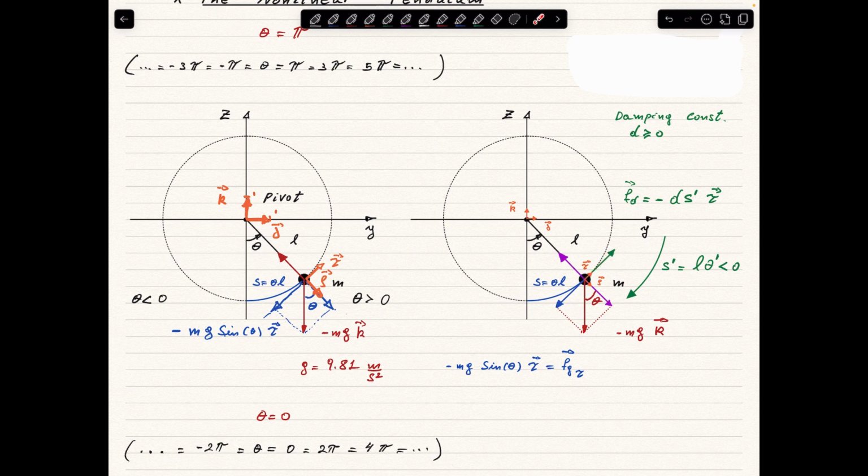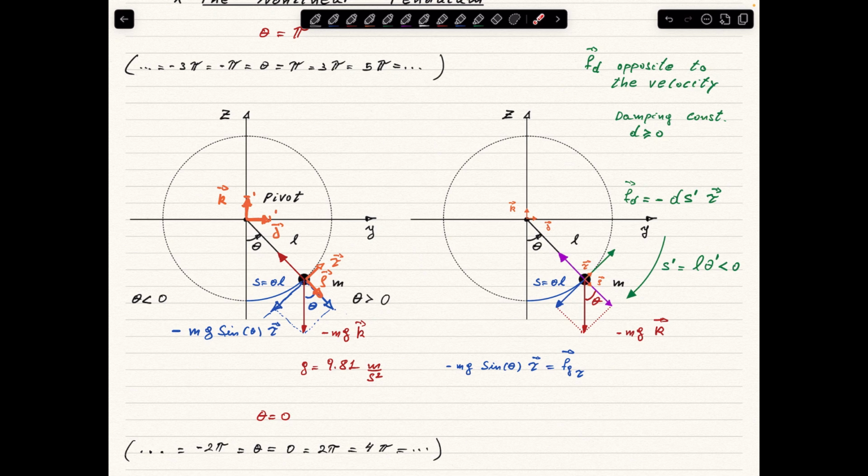So to draw the damping force, you need to know more than a picture. You need to know in which direction the pendulum is moving, because that force is opposite to the velocity. To draw it in this direction, I was assuming the pendulum was going down. If the pendulum was going up, the force should be in the other direction. So this is the system with all the forces.